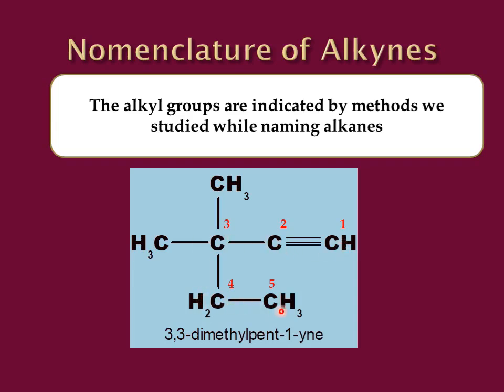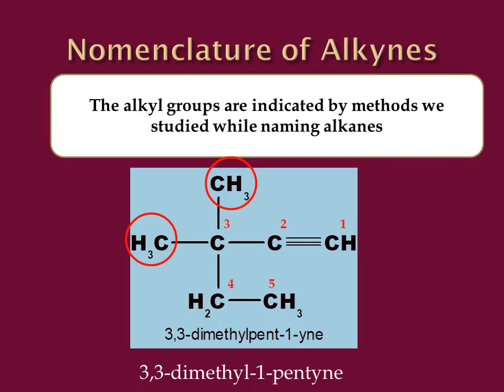Now the two substituents or alkyl groups present on the main chain are these two, which are on carbon number 3. So the name of this compound is 3,3-dimethyl, because two methyl groups are present on carbon number 3, pent-1-yne.